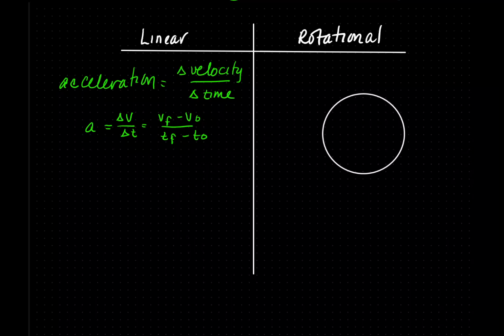We know the SI unit for velocity is meters per second, and the SI unit for time is seconds. So the units for acceleration is meters per second squared.